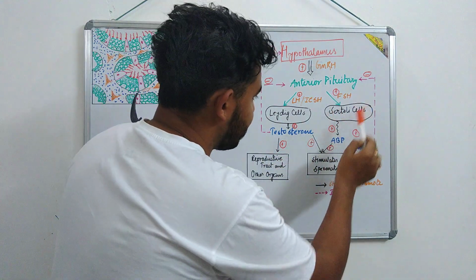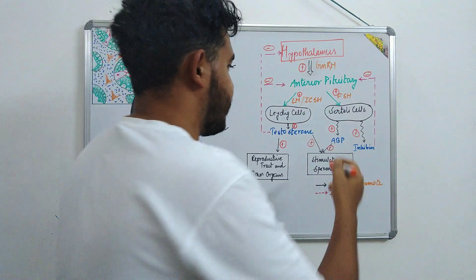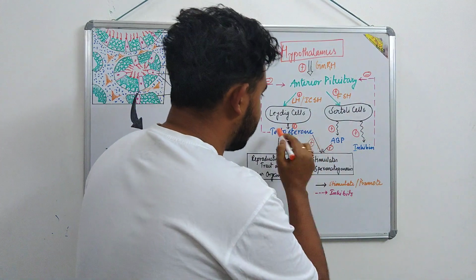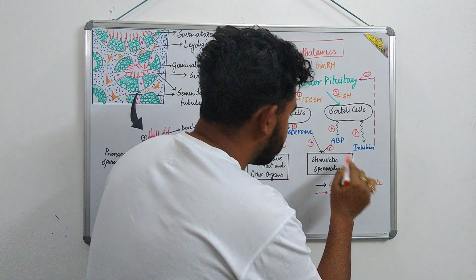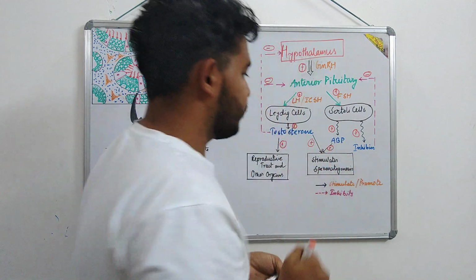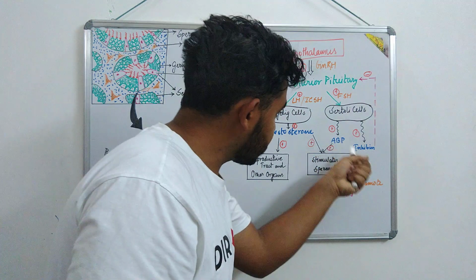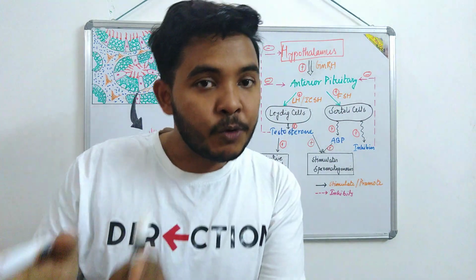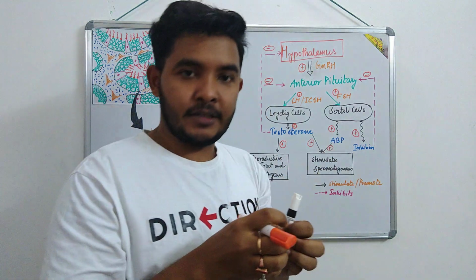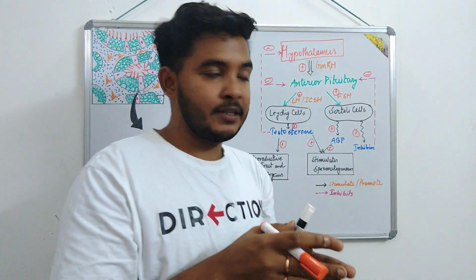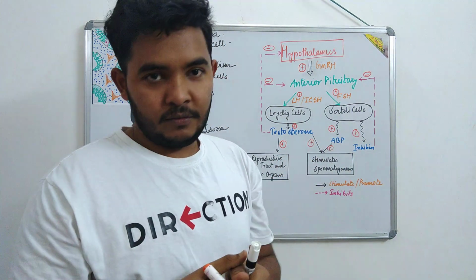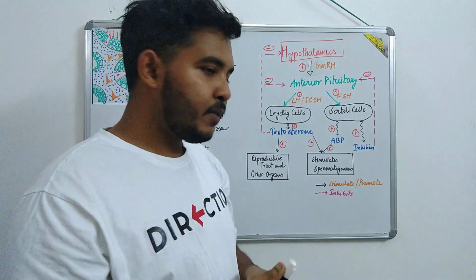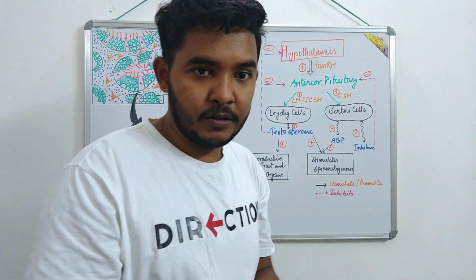Sertoli cells produce ABP and inhibin, and this ABP and testosterone stimulate spermatogenesis. So what is the function of ABP? ABP, or androgen binding protein, helps to concentrate the testosterone for further development of the whole process of spermatogenesis.